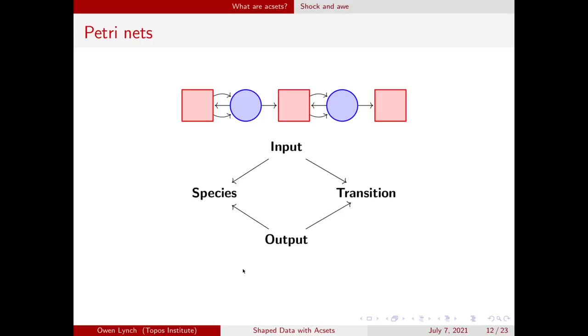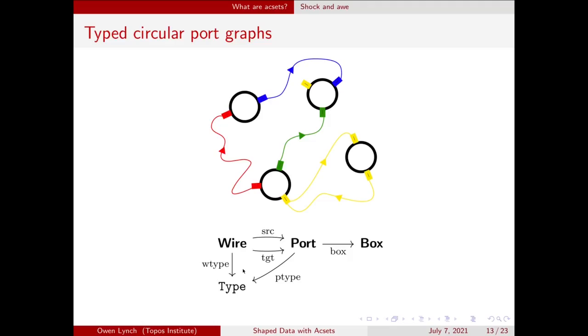And then transitions are reactions. Each transition, you can see, are the red boxes, and they have input species and output species, which are given by the arrows. And in AlgebraicJulia, we use this data structure to simulate chemical reactions. And it's useful.